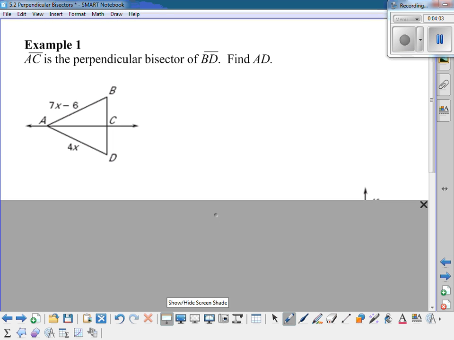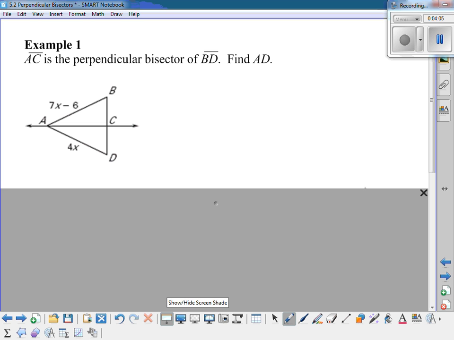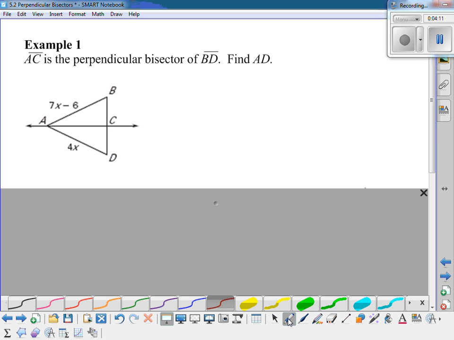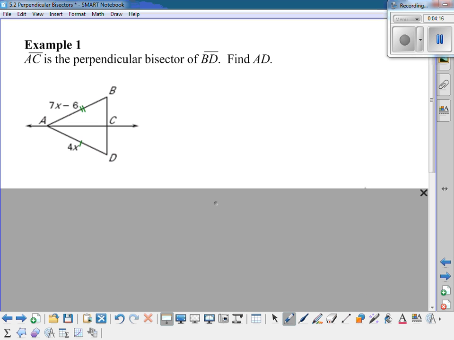In example 1, I have that AC is the perpendicular bisector of segment BD. And so that means that point A is going to be equidistant. So this segment has to be congruent to that segment because it said it's the perpendicular bisector. And so I know that 7x minus 6 is going to have to equal 4x.